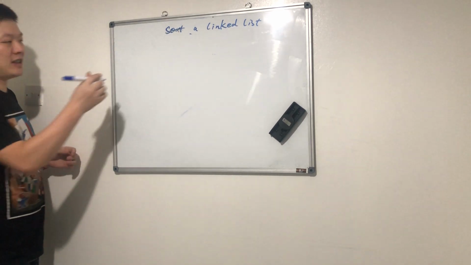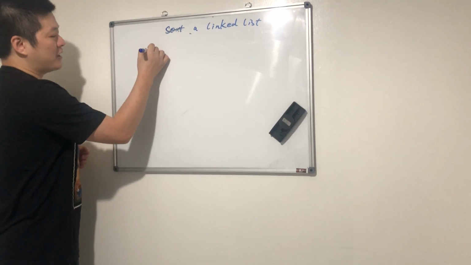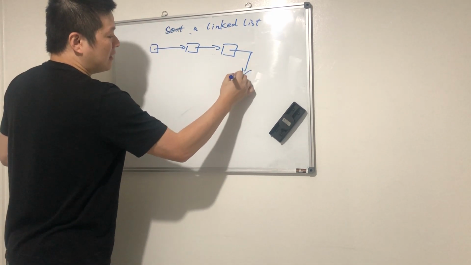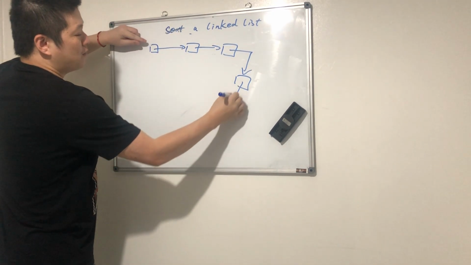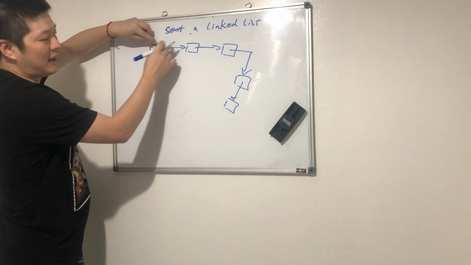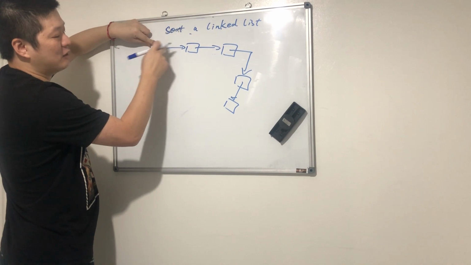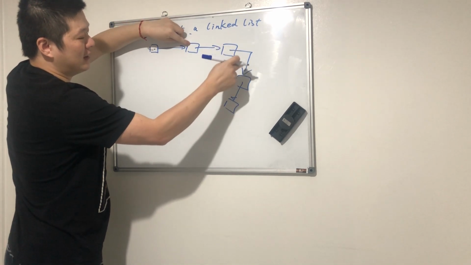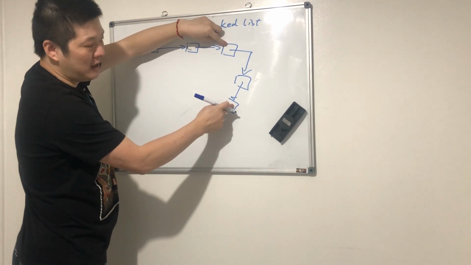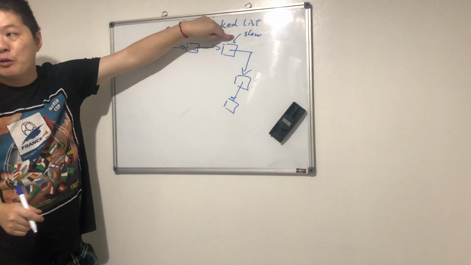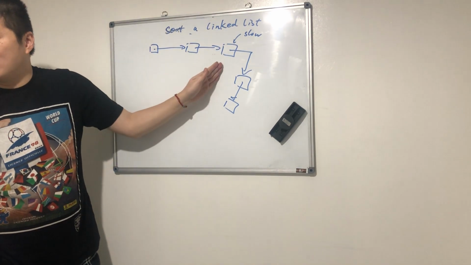I'm not going to write the detail for finding the middle. There's only one difference. Previously, to find the middle, you have two pointers, one walking twice as fast as the other, like that. When the fast one reaches the end, the slow one is at the middle. But now we actually need to disconnect it, right?